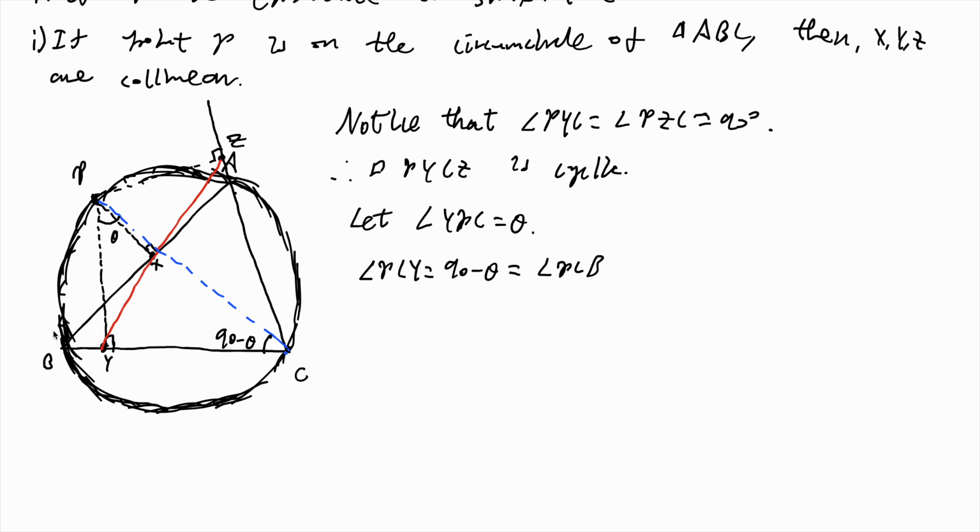This information is quite useful because point P is on the circumcircle of triangle ABC, which means angle PCB is equal to PAB, and this is equal to angle PAX.